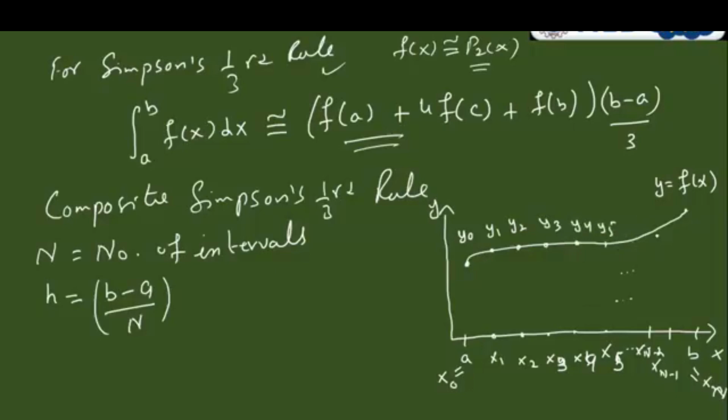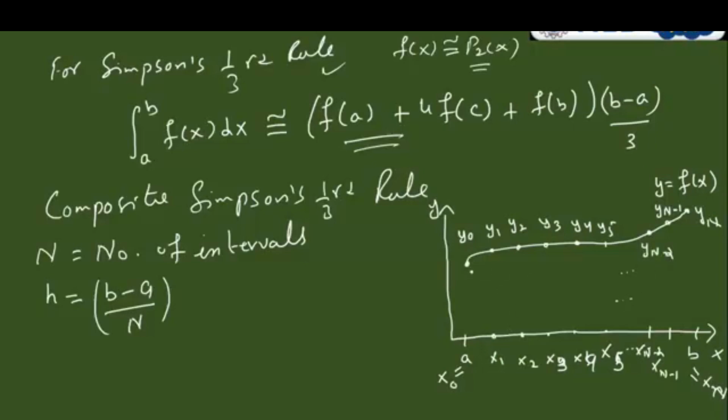Then you continue, and in the second last, you will get y n minus 1, and the last value is yn, and the third last we need here. So let's call it yn minus 2. Okay, so this is how we define.